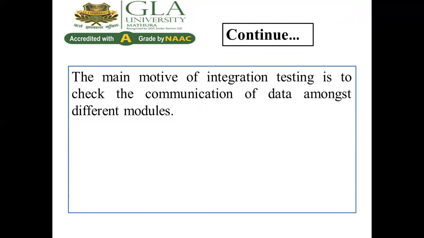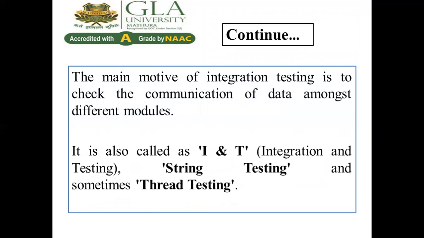Suppose we are integrating 2, 3 or 4 modules, then all these modules may communicate with each other, so the motive is to check whether there is proper communication, or any error after integration of these modules or not. Sometimes we also say integration testing as INT, which means integrate the modules and test the modules. Different terminologies may also be used, such as string testing and sometimes thread testing.